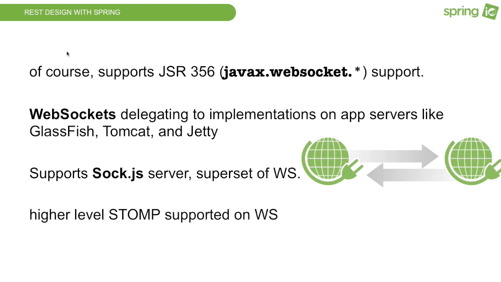So that's very nice. And one thing a lot of people are looking forward to inside of Spring 4 is, of course, our WebSocket support. So of course, Spring 4 supports JSR 356, but we've also got improved support for a couple of use cases that the JSR by itself doesn't meet. So first of all, WebSockets, while nice, aren't universally available in browsers, and so we need some sort of fallback option.